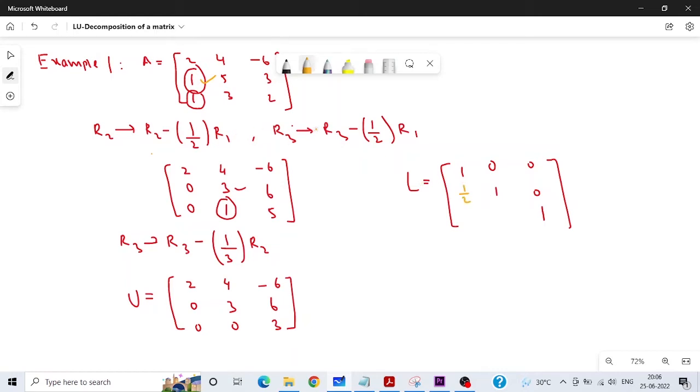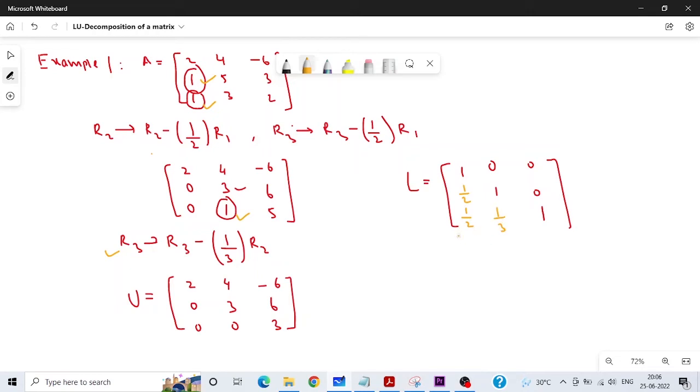Next, for R3, we have used this row operation to make this entry 0. What is there in the bracket? It's 1 by 2. So again here it's going to be 1 by 2. Next, we have used this R3 operation to make this entry 0, and again in the bracket we have 1 by 3, so here it's going to be 1 by 3.